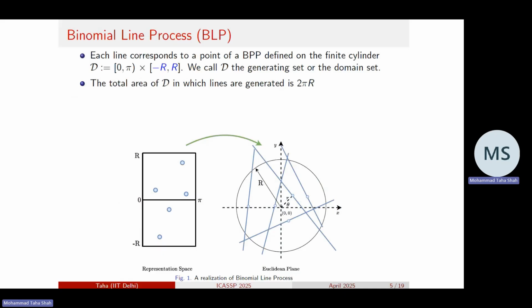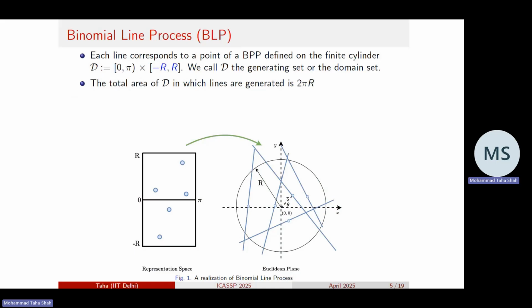In our case, we take the binomial line process whose representational space or the generating set is a finite cylinder. Each line corresponds to a point of a binomial point process generated in this generating set. Unlike the Poisson line process where the generating set is an infinite cylinder, here we consider this line to be generated in a finite area, but then these lines extend up to infinity.